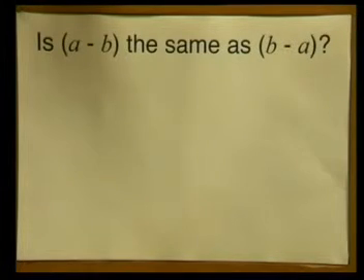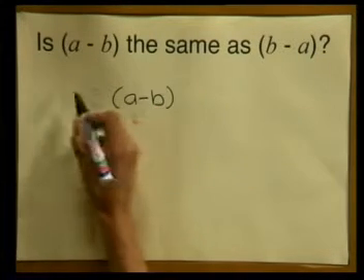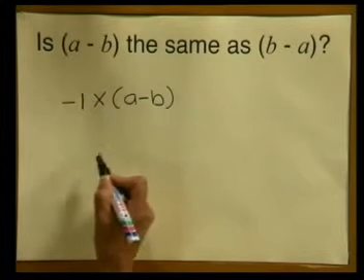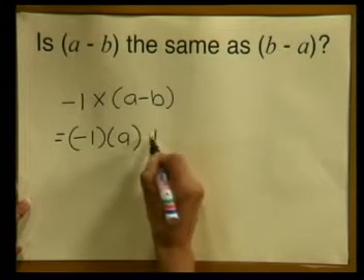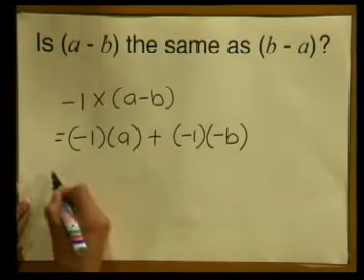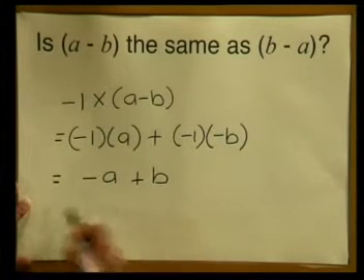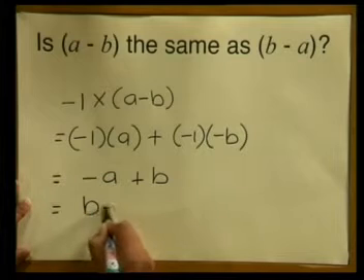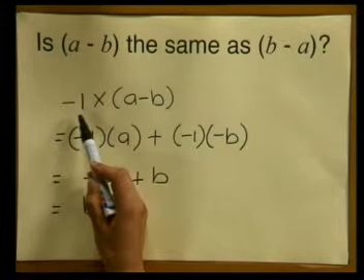To explain it, I'm going to take the one bracket, A minus B, and I'm going to multiply it by minus 1. Now this is written as minus 1 multiplied by A plus minus 1 multiplied by minus B. And if we simplify that, we get minus A plus B. And just rewriting that, that's the same as saying B minus A. So from what we've just done, do you see that the only difference between the two brackets in our original question is that the one is multiplied by a minus 1.